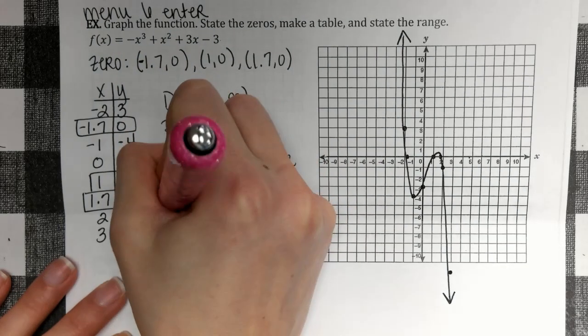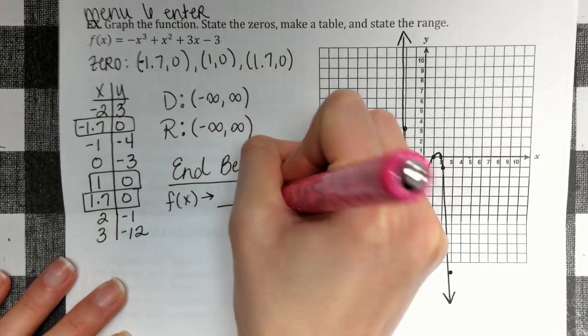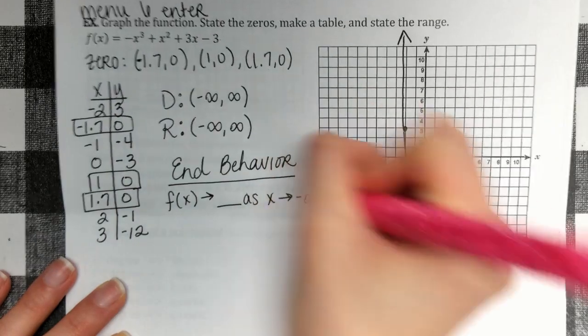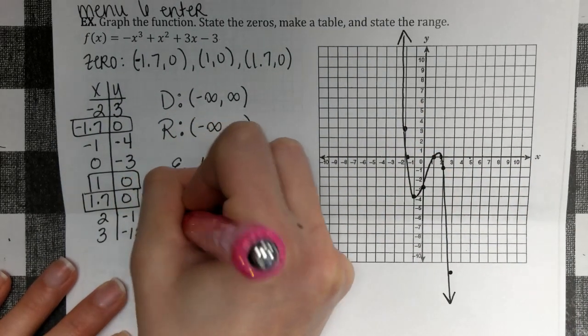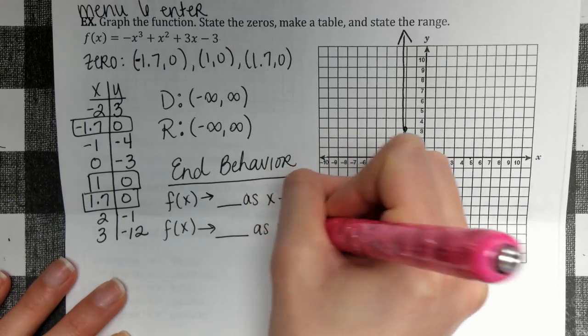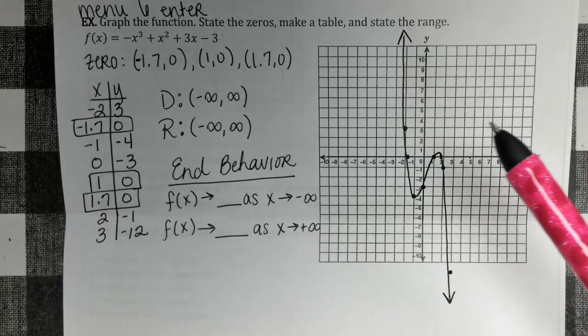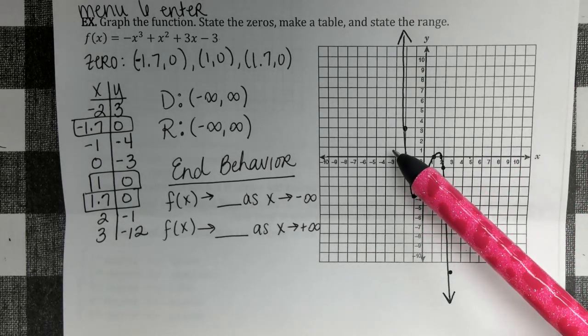So then my end behavior, I set up my template. So as x approaches negative infinity, where's my graph going?